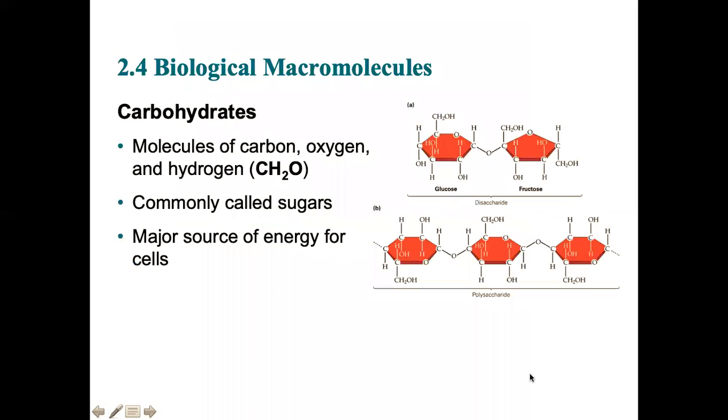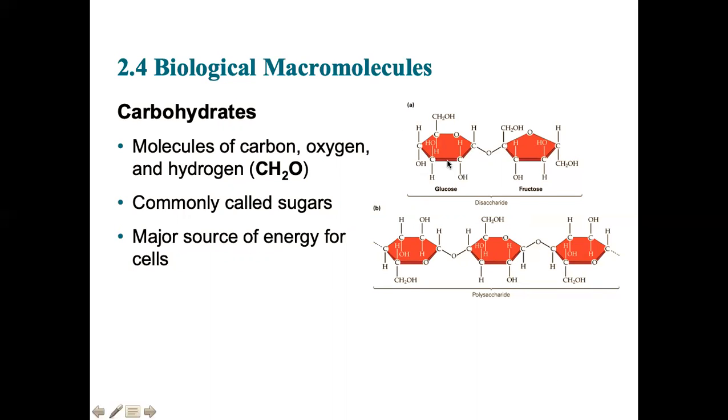Let's talk about carbohydrates. Carbohydrates are sugars. They're the same thing. This is a fancy, scientific word; you know them as sugars. They're organic molecules, and the reason we have sugars in our cells is mostly for energy. They can be used for other things like energy storage or cell wall components, but for the most part, it's going to be energy.